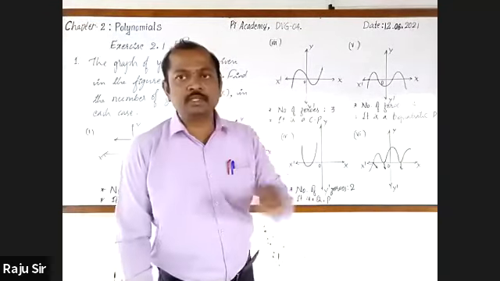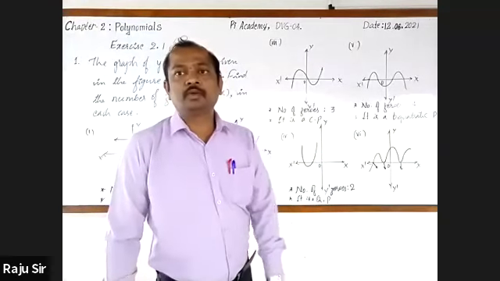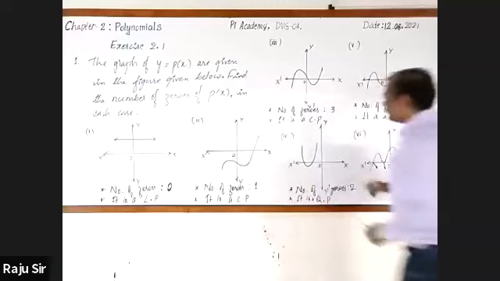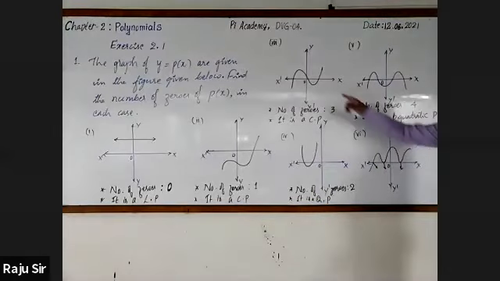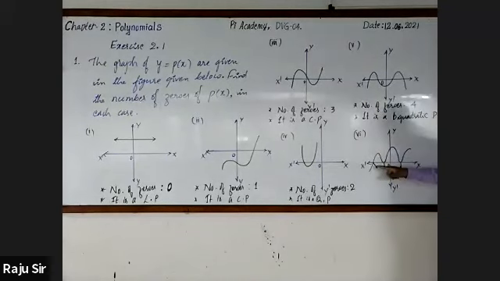Because of this, do you say that it is a cubic polynomial? No, you cannot. See, for a cubic polynomial, the nature of the graph will be like this. Here, you can notice that if it is taken down, it will intersect at the second point, then the third point, next it rises, the 4th point, the 5th point.